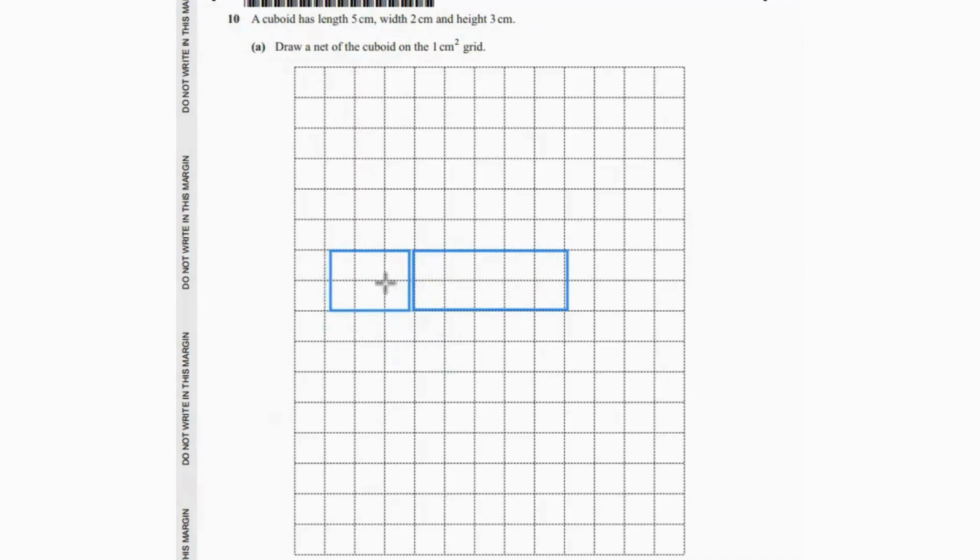This is the 2 by 3 side face. Then we have the 5 by 3 face over here. And then the top, which is going to be 2 by 5. So this is your net. This is 2, this is 5, this is 3. The height, the length, and the width.